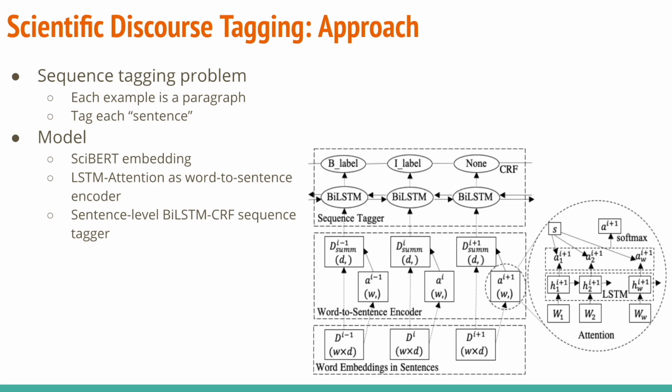We use a novel attention mechanism that uses an LSTM to compute the contextualized attention weights that perform weighted summation on the word embeddings to obtain the sentence embeddings. Finally, we use a classic bidirectional LSTM-CRF model as the sequence tagger to tag each sentence.